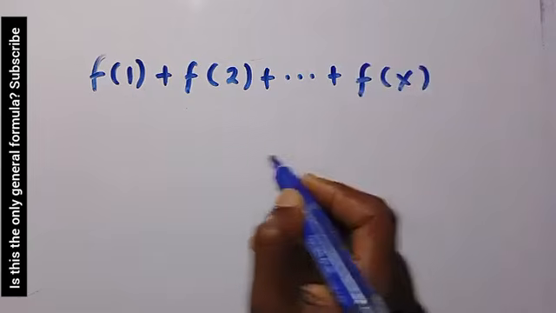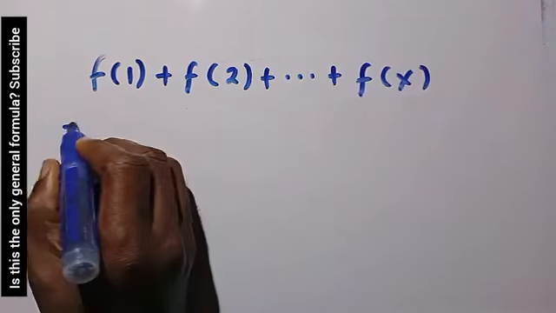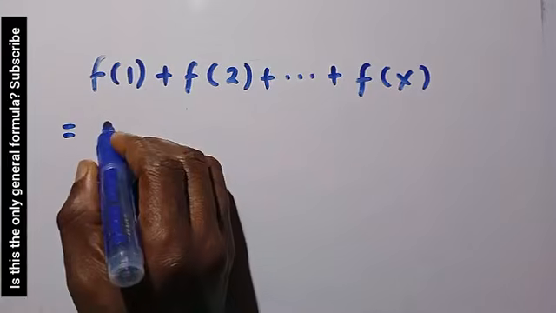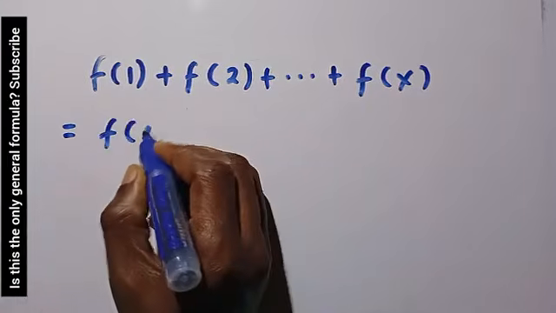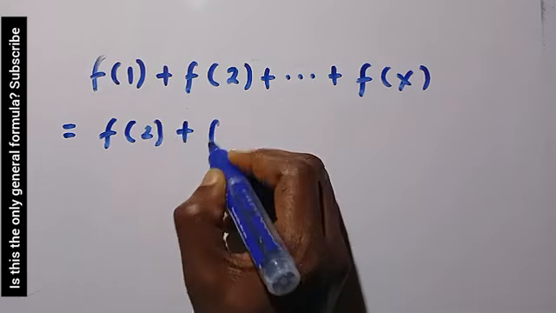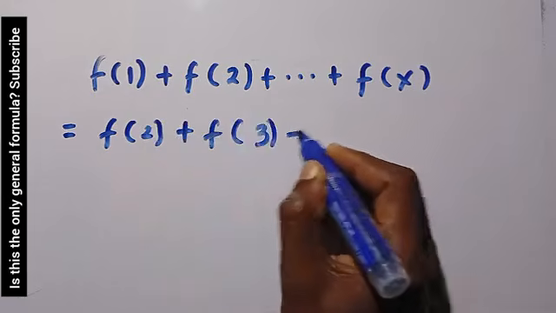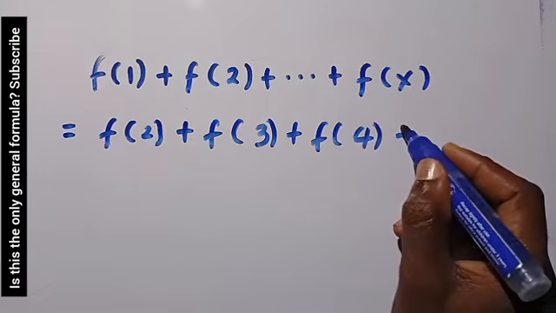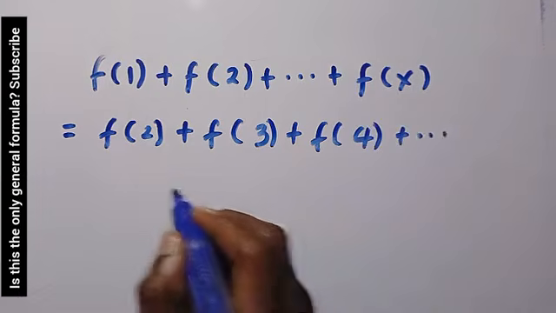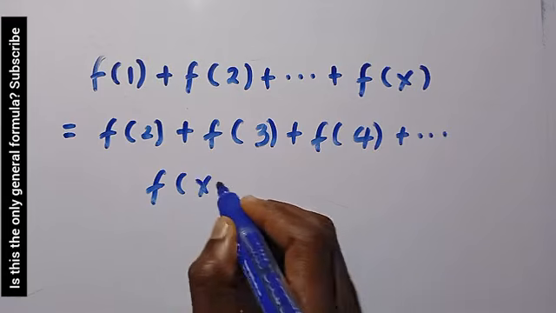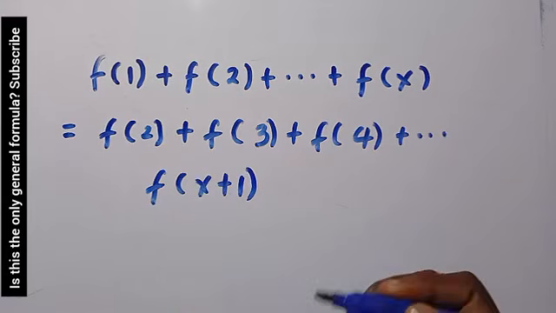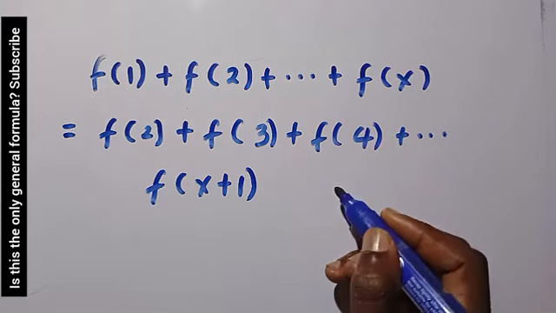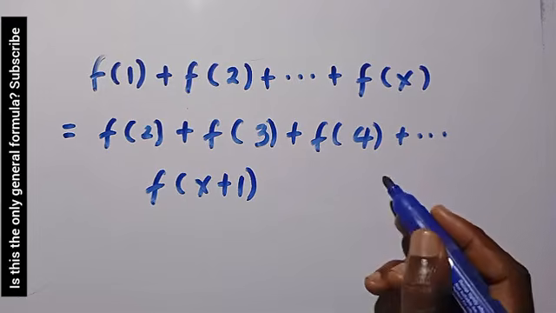And all of this equals the addition of the other side, which gives f of 2 plus f of 3 plus f of 4, and this one also keeps going till we have f of x plus 1. And one thing here is we have minus 1, which is kept constant throughout.